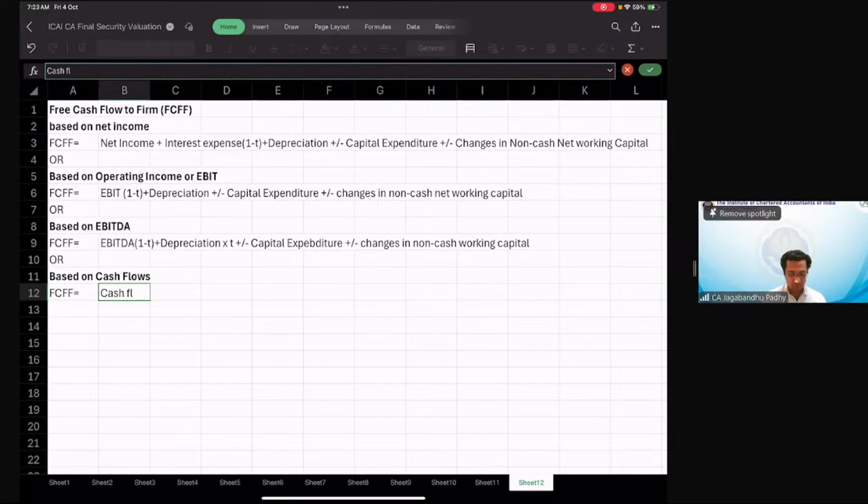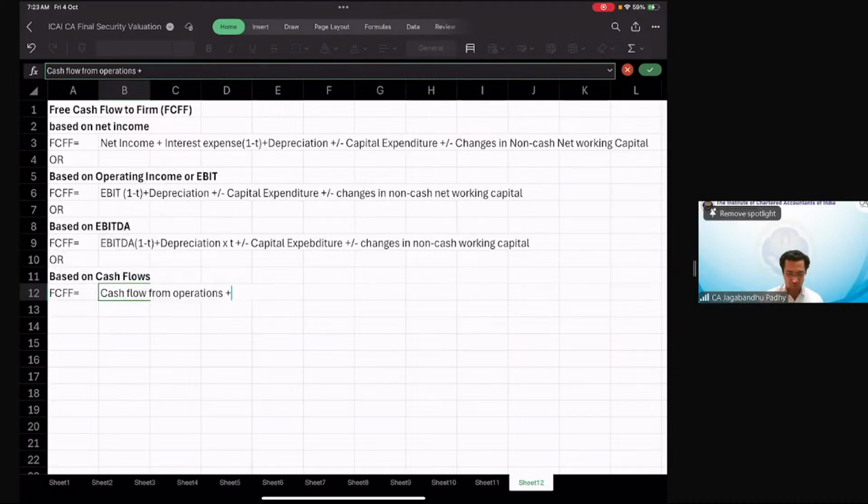Now, to calculate free cash flow for the firm, for the entire firm, we are going to start with cash flow from operations. Right? And of course, we will add back, when we have this cash flow from operations, you might have already considered that because we want to calculate it for the entire business as such.